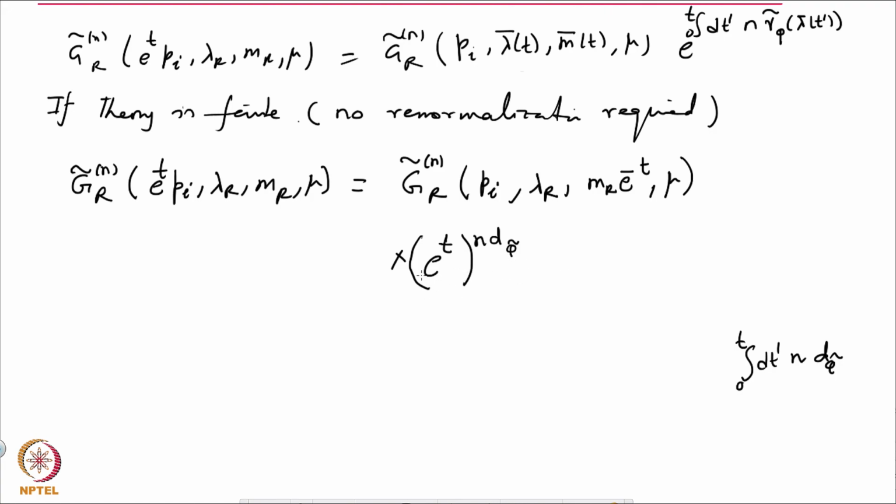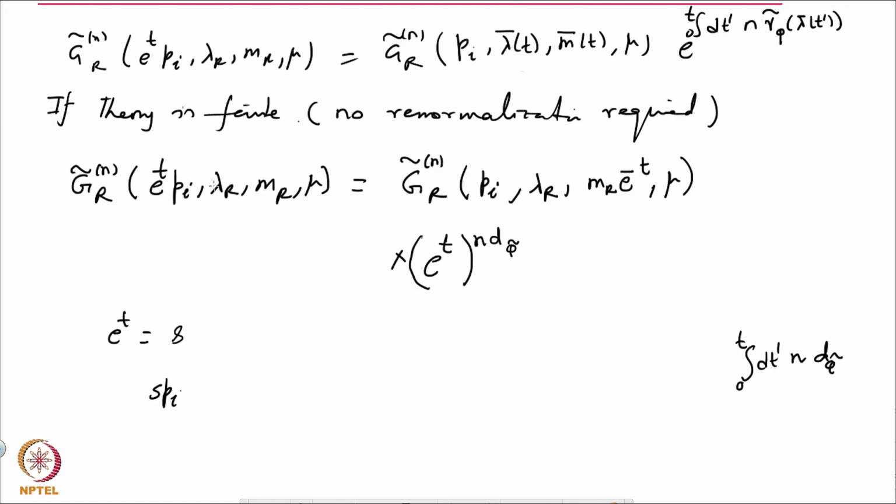Okay, so what it is saying is, think of e to the t as, let's call it s. Okay, you can call it s. So it is just s times pi.